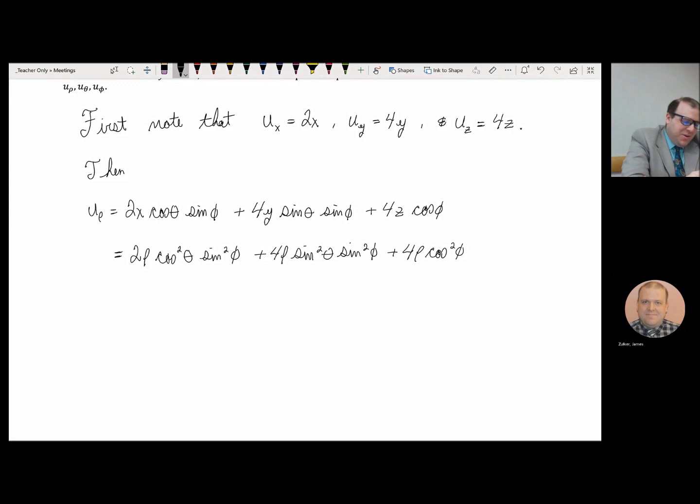I mean, I could write cosine squared as 1 minus 2 sine squared? But that doesn't really get rid of a term. Oh no, it wouldn't even simplify those middle terms. I need a cosine squared. So if I wrote cosine squared as 2 cosine squared minus 1, I could, but then I'd still have an additional term. So yeah, there's really no simplification to be made here. Bummer.